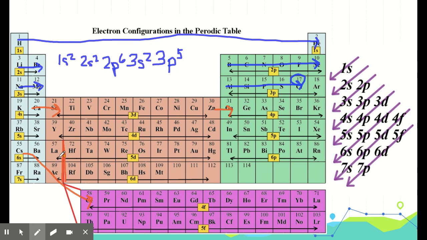So when you're writing these out, if you follow this pattern over here, it helps you keep track of that. If I was going all the way down to mercury, this is how I would read it.